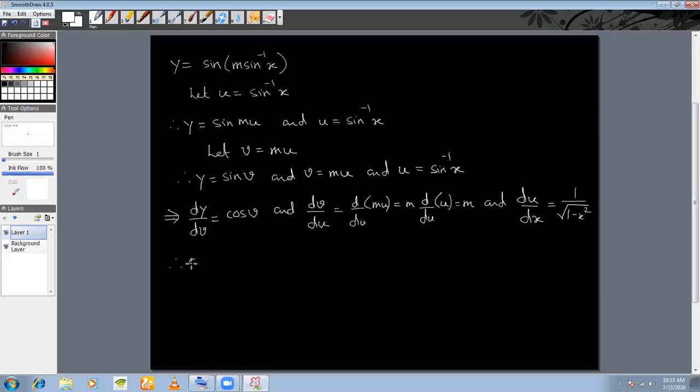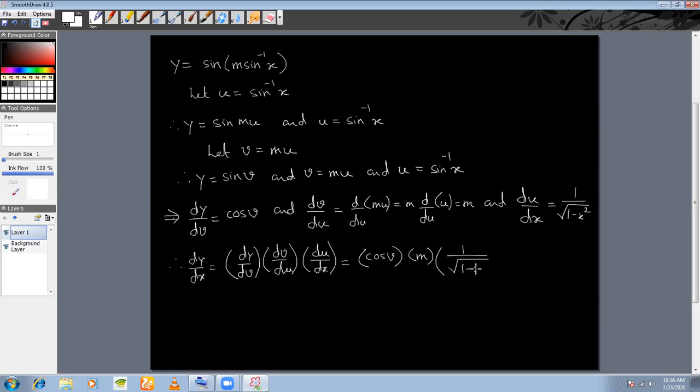Therefore, dy/dx is the product of all these three: dy/dv into dv/du into du/dx. This is cos v, and this is m, and this is 1 by root 1 minus x squared. So this becomes m cos v by root 1 minus x squared.